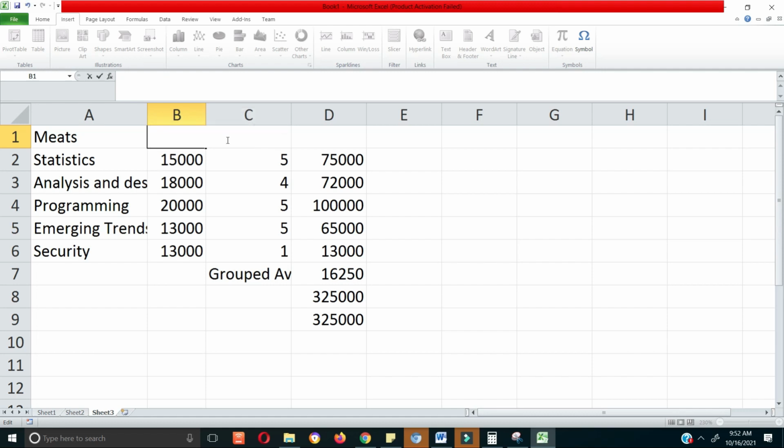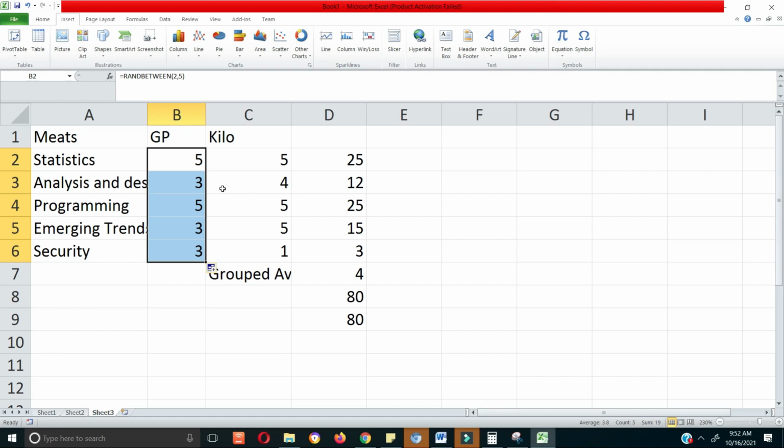Your grade point could be anything from 2 to 5. We have a 5-point grade point in Makerere University. So anything between 2 and 5, or sometimes you get 0, but then we assume you're going to get a retake, and you have to complete the retake.